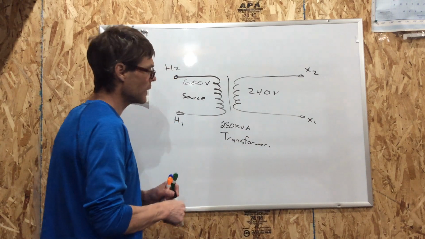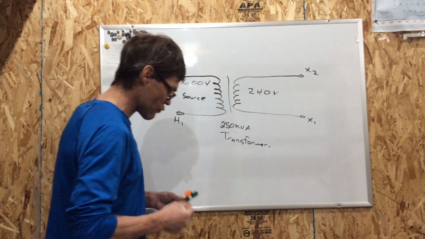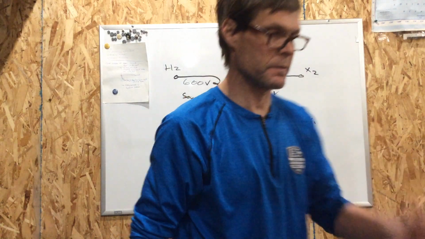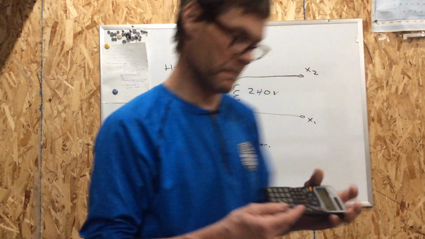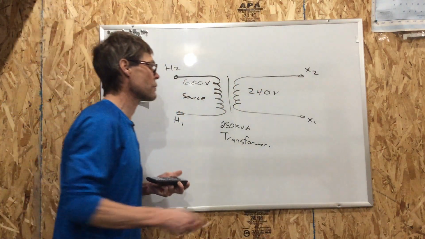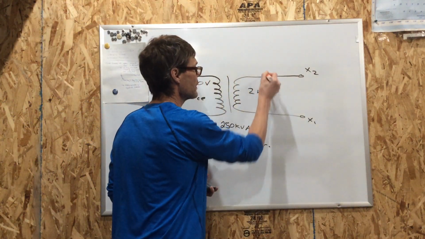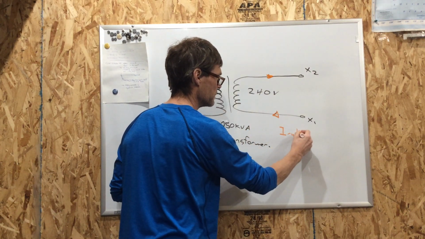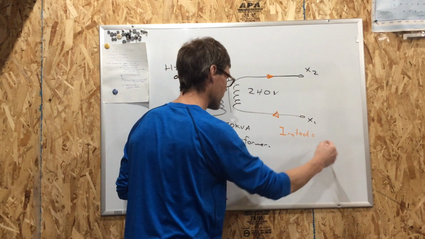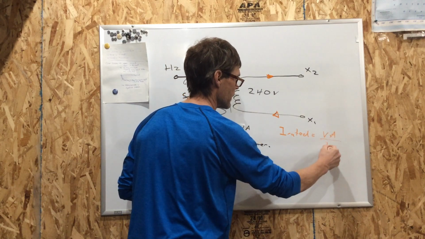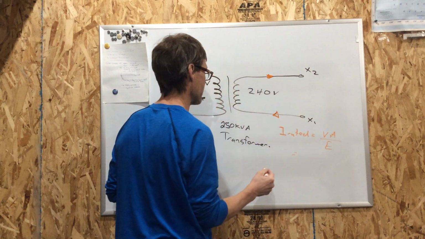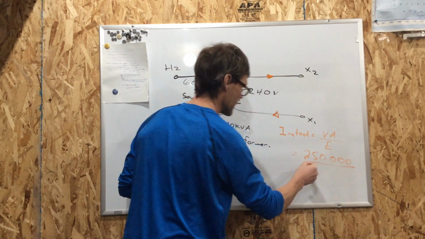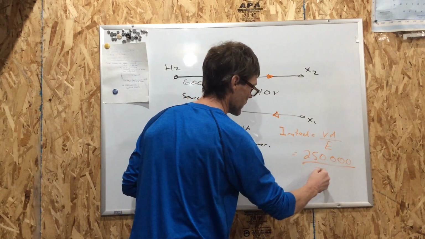Great. So we can figure out right away what the rated secondary current of this transformer is going to be. Let me get my little calculator here. So the rated current over here is going to be I rated, is going to be our VA divided by our E, the rated voltage over here, which is 250 divided by 240.